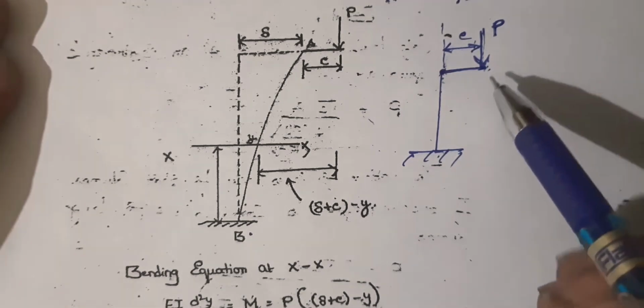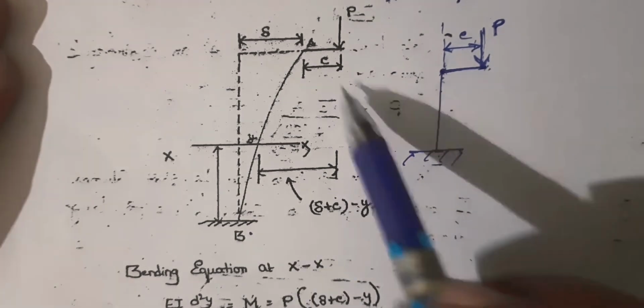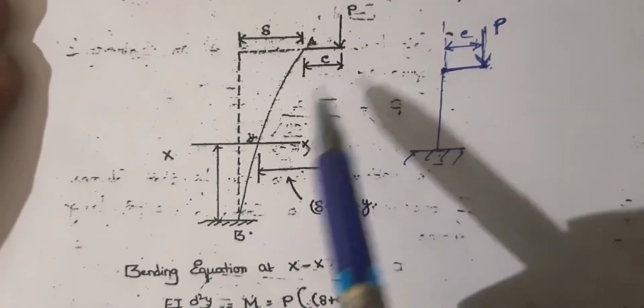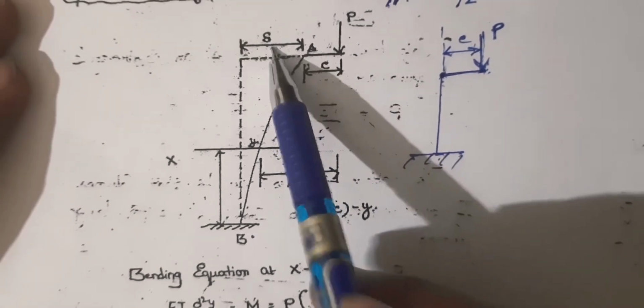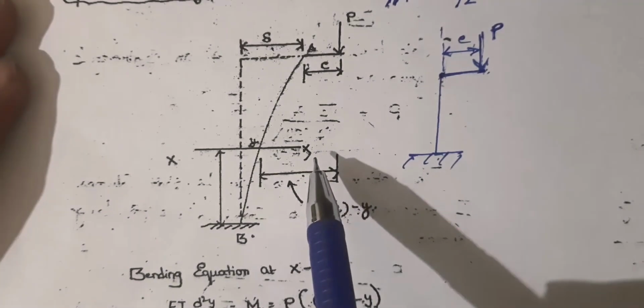So now this column has been bent, deflected in this way. Of course, you know the maximum deflection is going to be at the free end. Let us take a section XX, which is at a distance of x. This is delta and this is e.